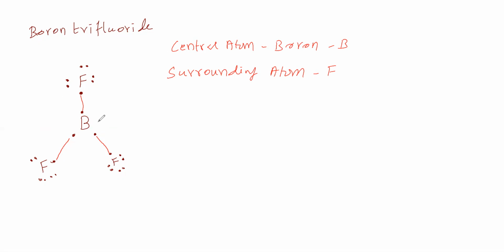Now this central atom boron has how many bonds? You see, 3 bonds are present. Each bond contains how many dots? 2 dots, that means 2 electrons. Therefore 3 bonds means 3 into 2, 6 electrons. So boron in BF3 has 6 electrons in its outermost shell.